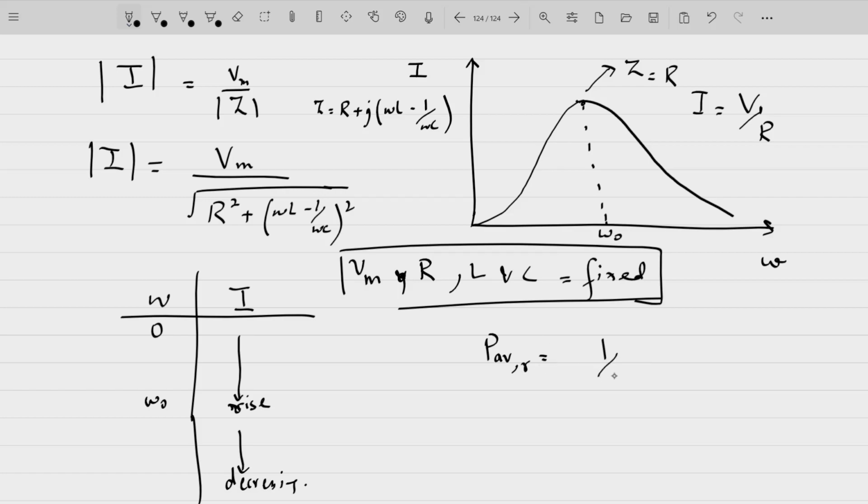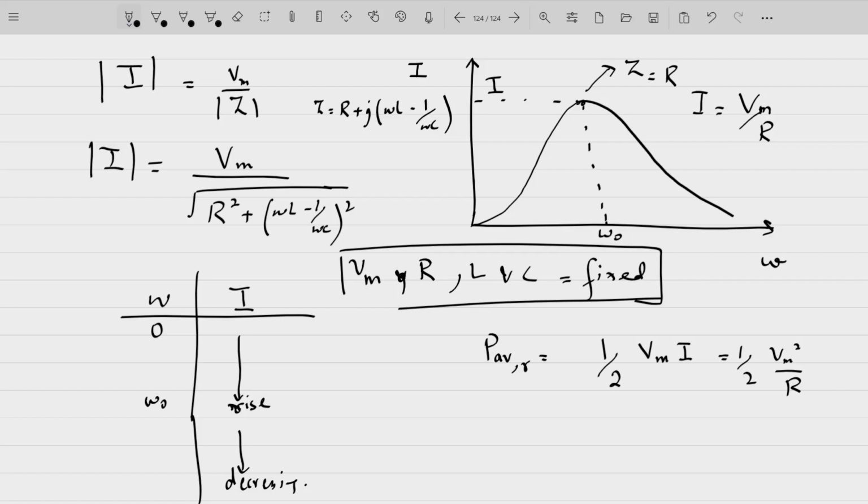The value will simply be equal to 1/2 of Vm into I. This is the average power in this system. We are not taking the RMS value, so it's 1/2 of Vm into I, whatever is the value of I here. We already know the value of I here is Vm divided by R. So you can also write this as 1/2 of Vm square divided by R.